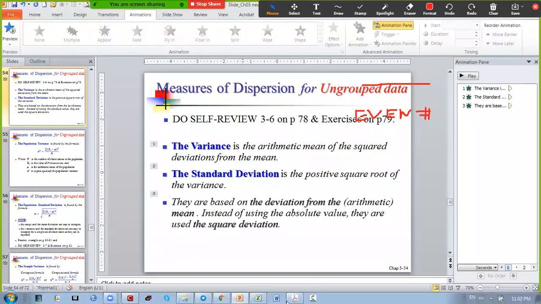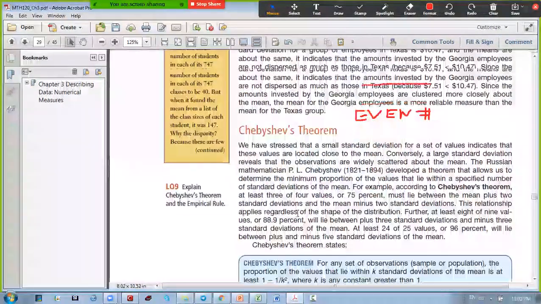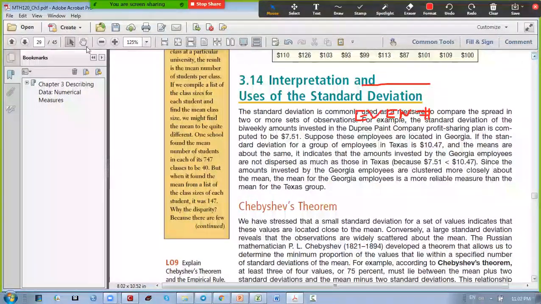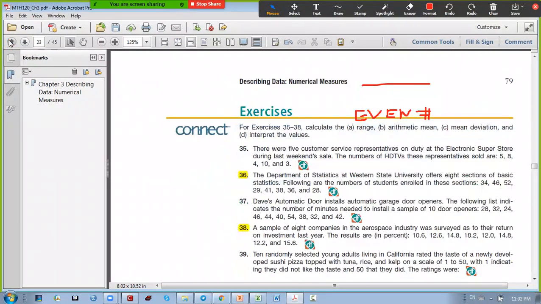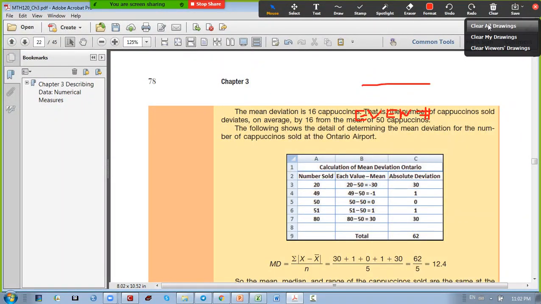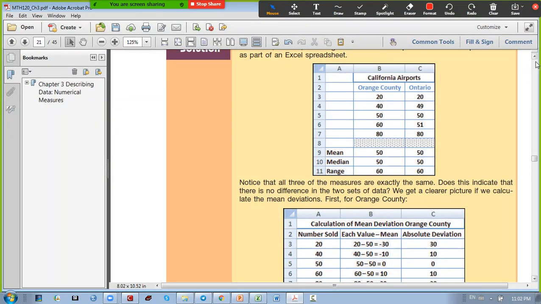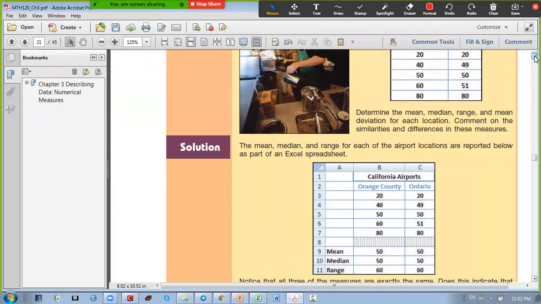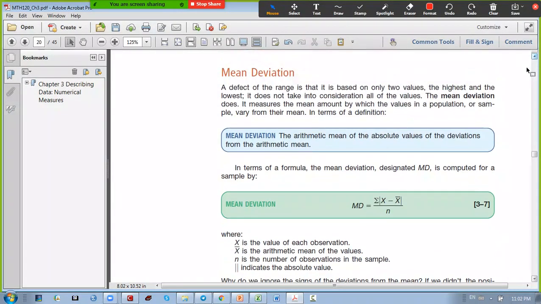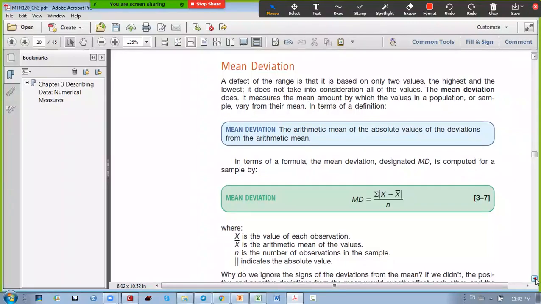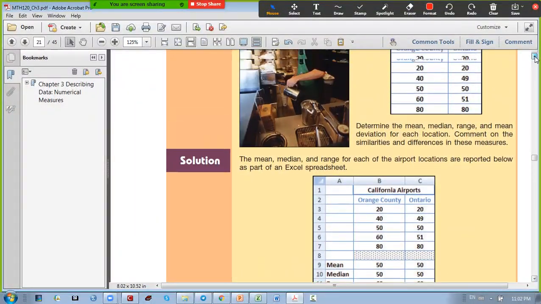Okay, we go to the textbook. 78 is this one. This is the mean deviation, and you can study the example here.